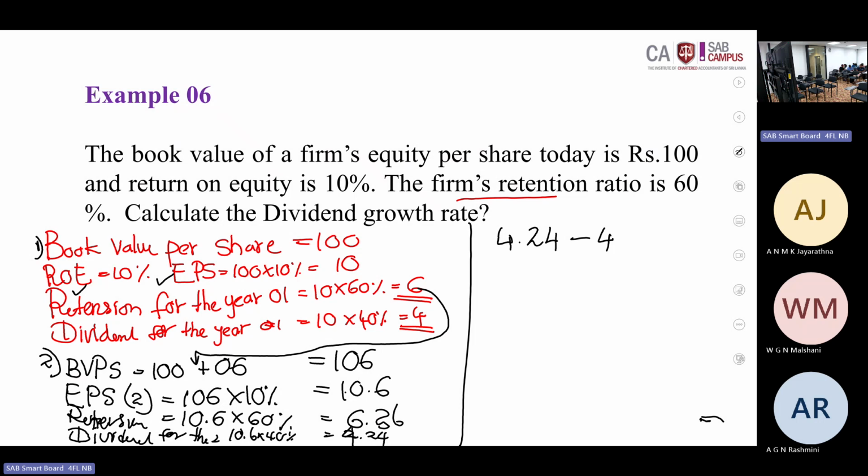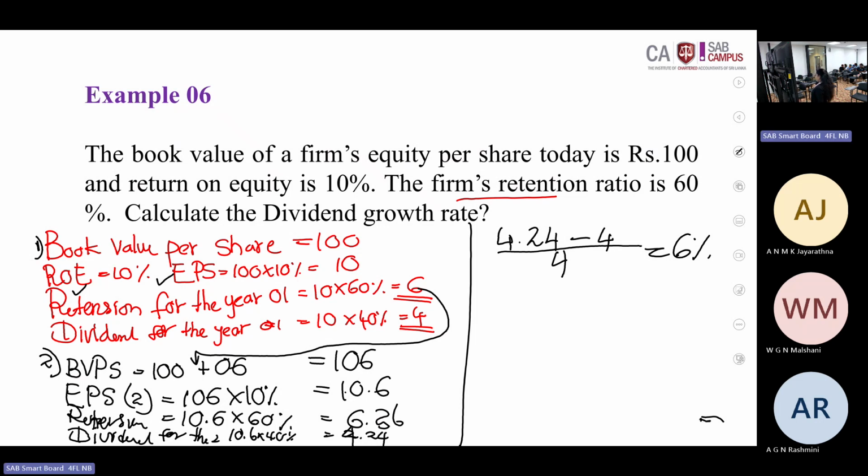So then we have to identify the percentage divided by 4. What is the percentage? Six. That is 6.